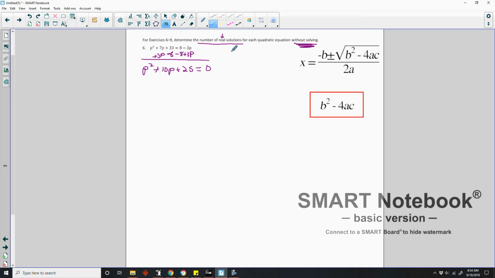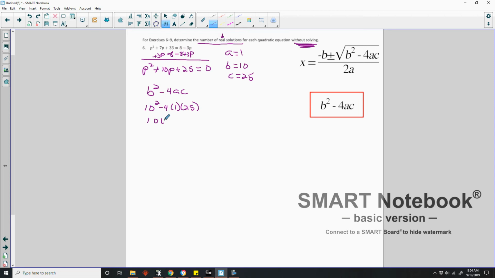So now I have a equals 1, b equals 10, c equals 25. So I'm going to substitute it into here. I'm going to write it this time, b squared minus 4ac. Memorize that discriminant. And b is 10 squared minus 4 times a times c.